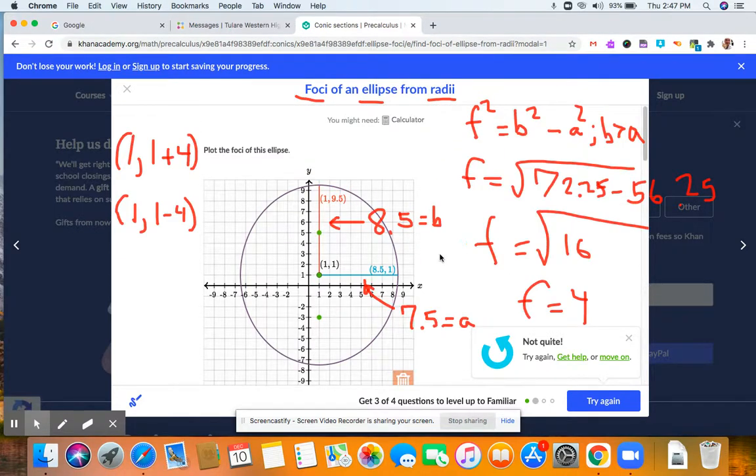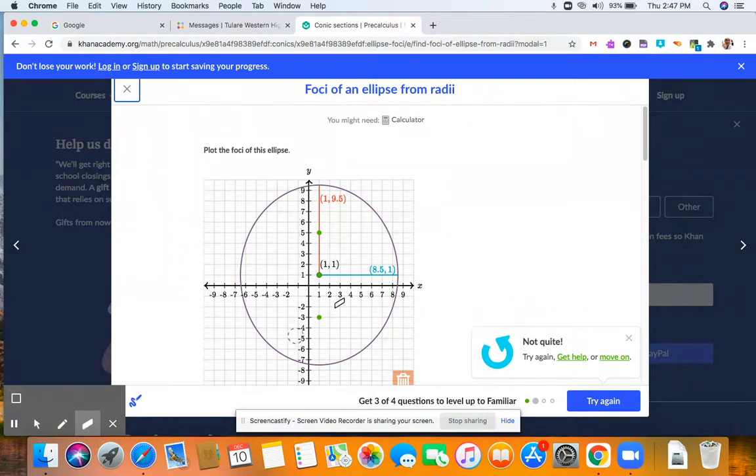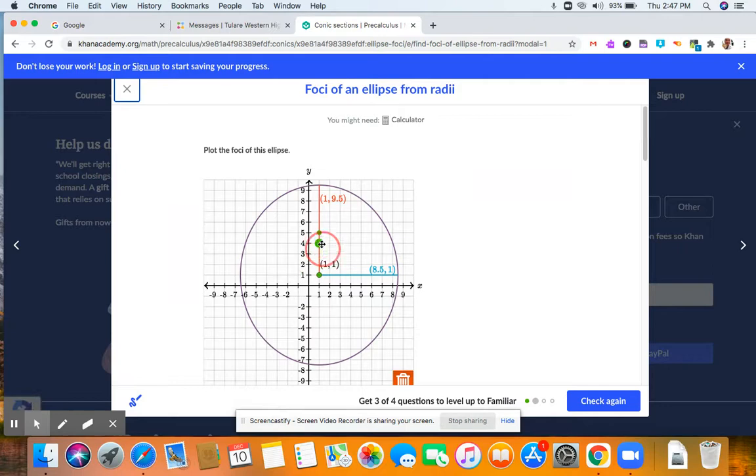Clear everything, and maybe it doesn't like all my drawing. All right. Hey, that's what it was. There was an extra point right here. Will it let me delete it?